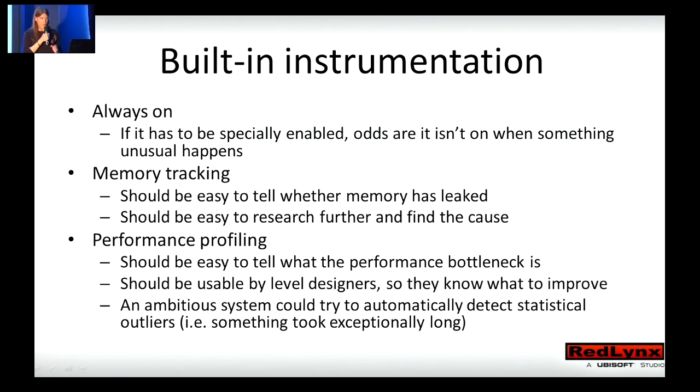And as for performance, I hope that we would be able to have always-on measurement, so that, for instance in the evolution where we had different kinds of bottlenecks in different levels, we'd have a system where we always have at least some amount of measurements enabled, so that the level designers would be able to actually see what's slowing a level down, so then they can fix the problem without having to ask programmers for help, and this will in turn make the iteration time much faster, which will hopefully help a lot.